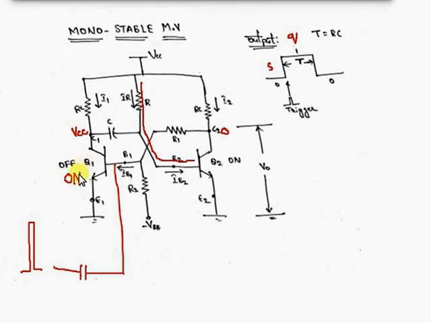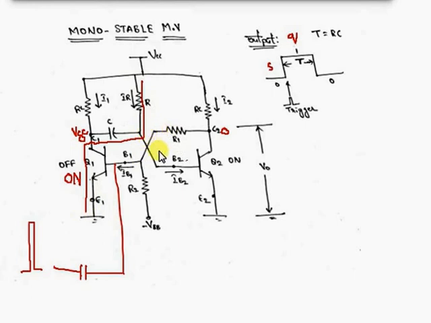Since transistor Q1 is on, the voltage at its collector terminal changes from VCC to 0. Now one terminal of the capacitor is connected to 0, which acts as a short-circuit path, so the current changes direction.